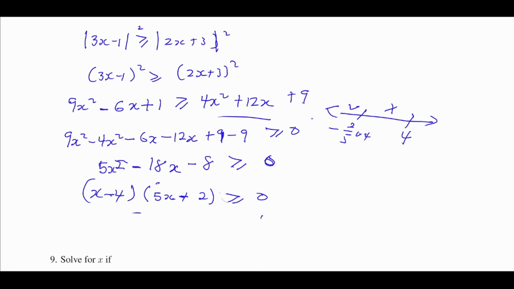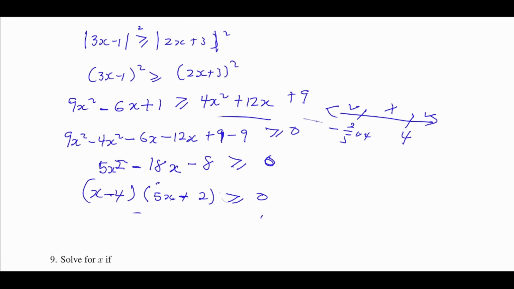Then I'll put 5 here. 5 minus 4 is 1. Then 5 here, I'll get 25 plus 2, that'll give me 27. When I multiply, I'll still get positive, and so this side is true.